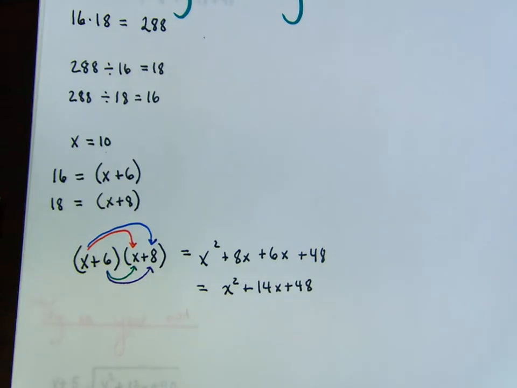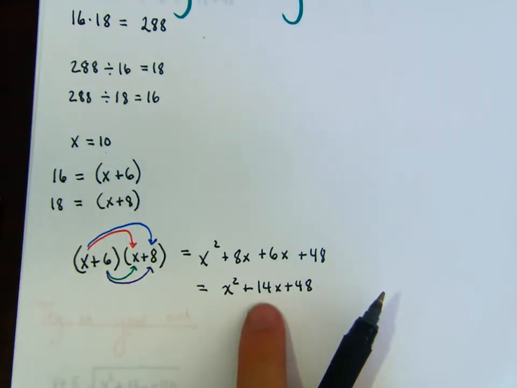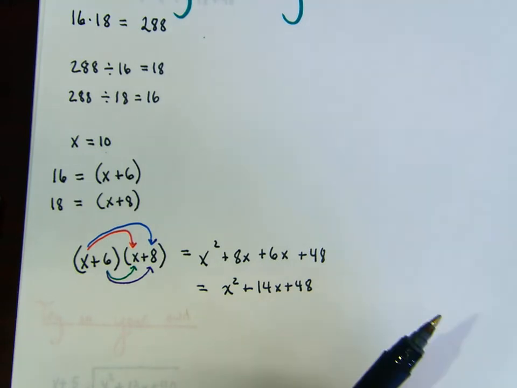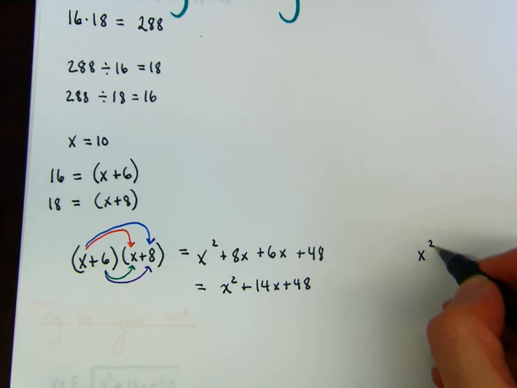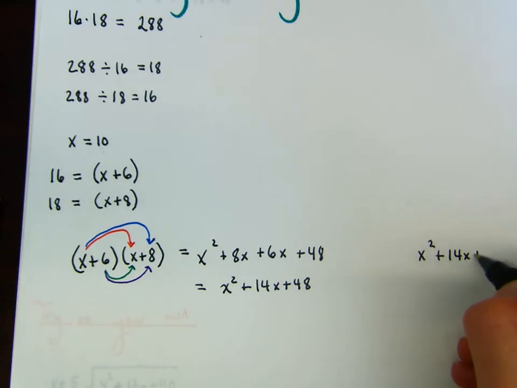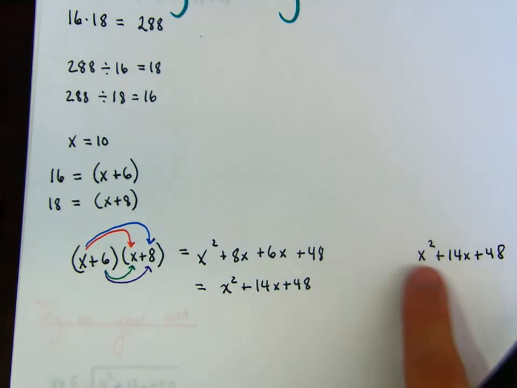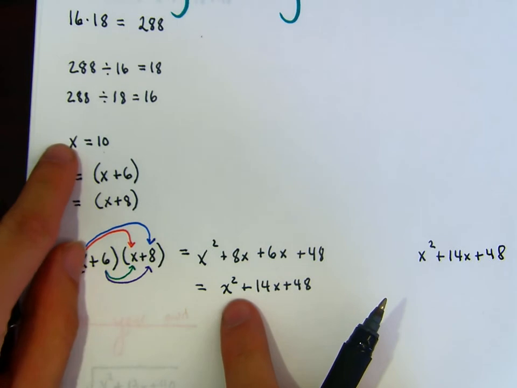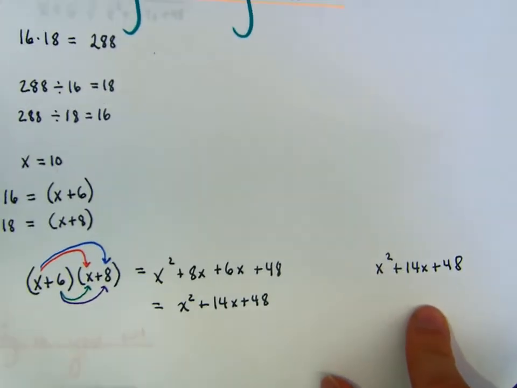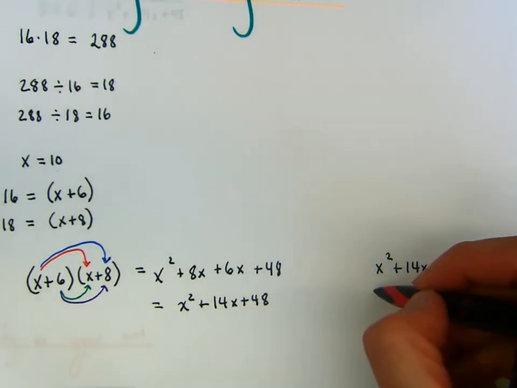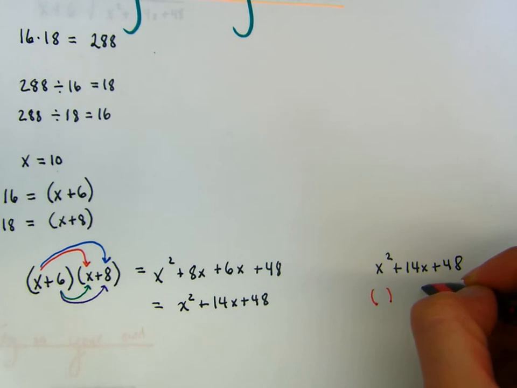And here, notice that what do you think will happen if I plug in 10 into this expression over here? Like if I were to say take x squared plus 14x plus 48. If I were to plug in 10 in here for x, because that's what x is, what should it give us? Why don't you pause the video and think about it, or try and do it yourself, right? So let's substitute x for 10 in here.